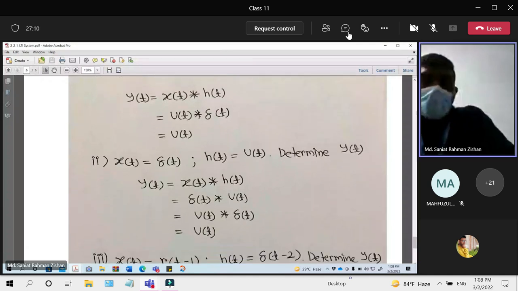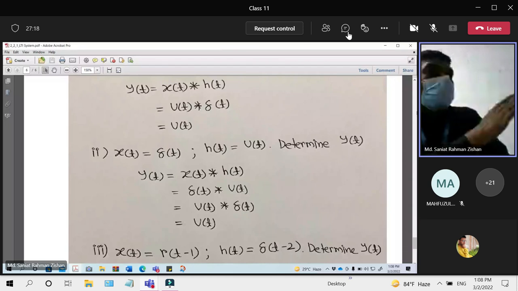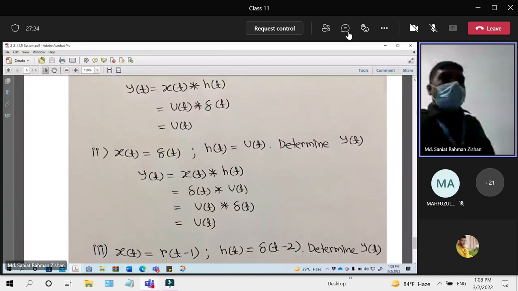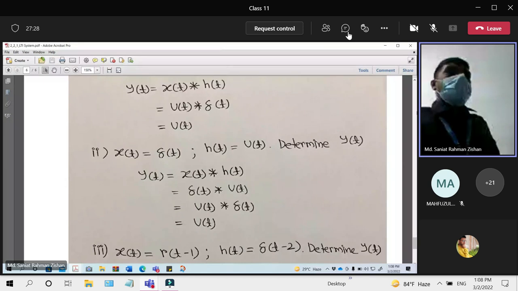Okay. Problem number 3, again almost similar. Whatever I've talked about in the theory, I tried to represent all the related problems here so that you can understand. Problem number 3, x(t) equals r(t minus 1), h(t) equals delta(t minus 2). Determine y(t).